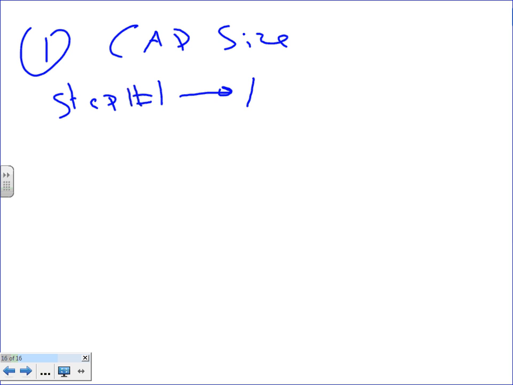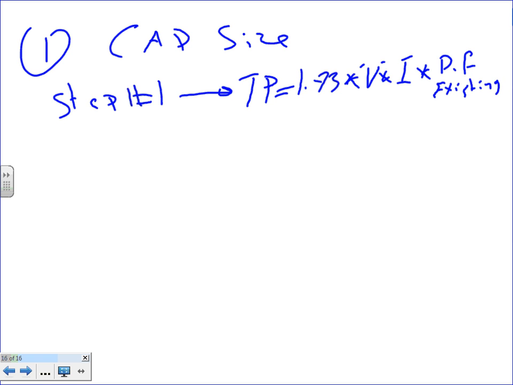You need to find the true power. The true power always equals 1.73 times voltage times current times the existing power factor. Okay, let's go do that.